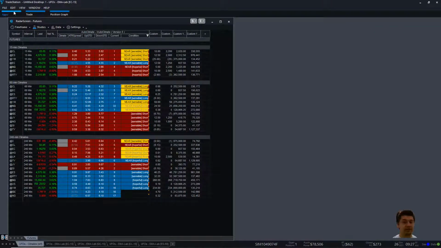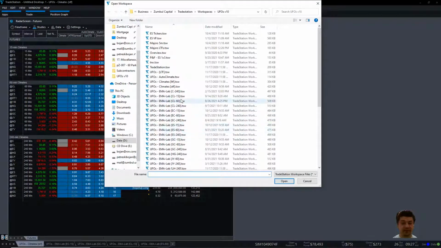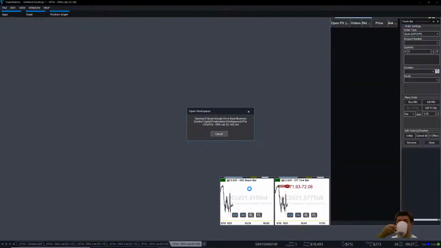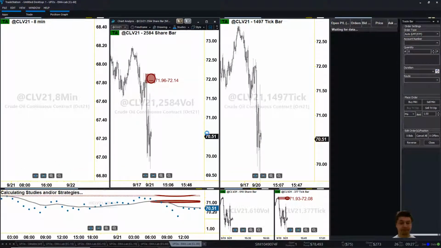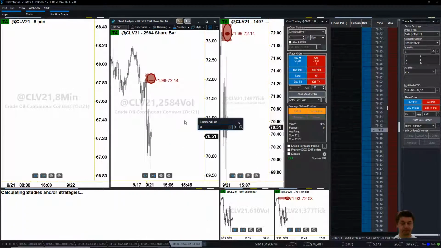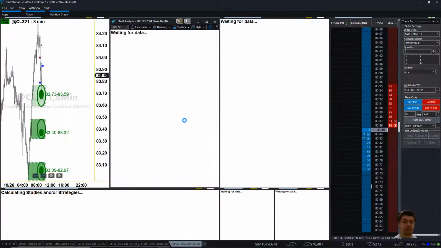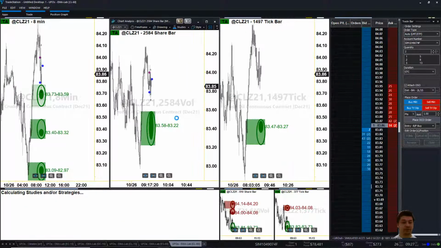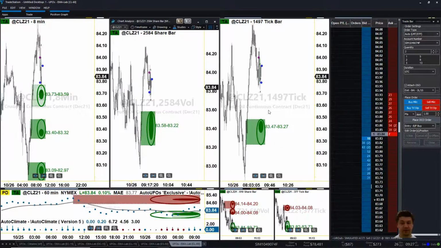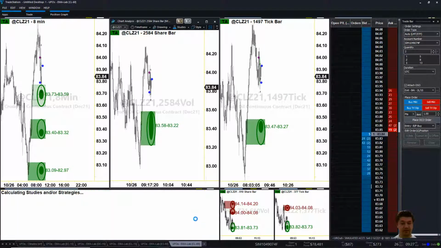All right, crude oil on the 60 minute is giving us an up climb. Let's go ahead and open that up. Let's open up the right contract. And look at that. That's probably where the UFO was in the trade on the 60. 83.77. Yep.